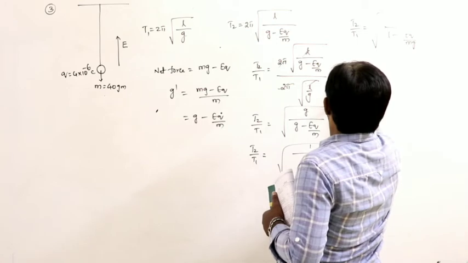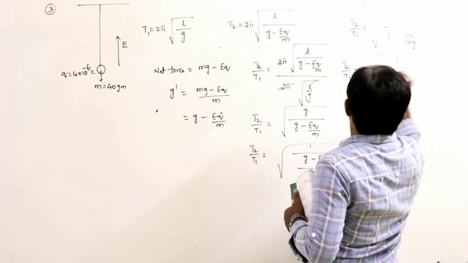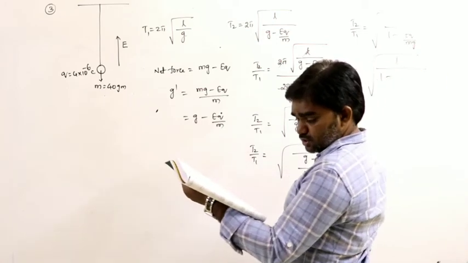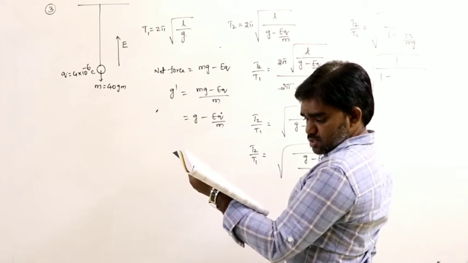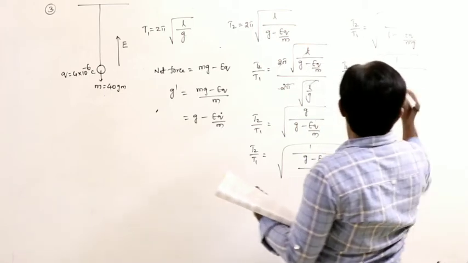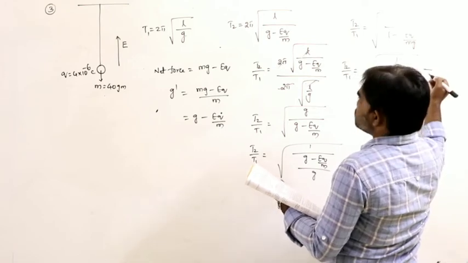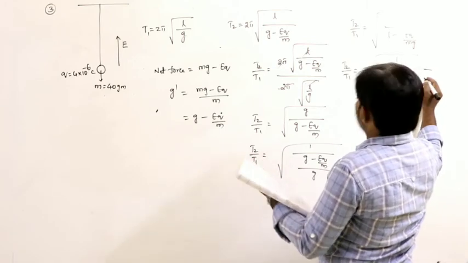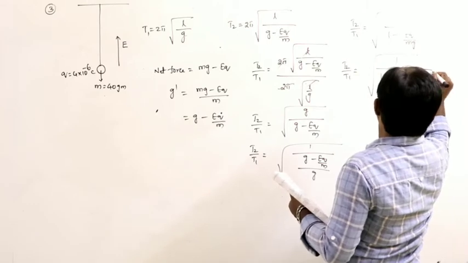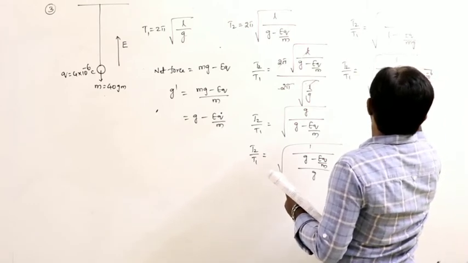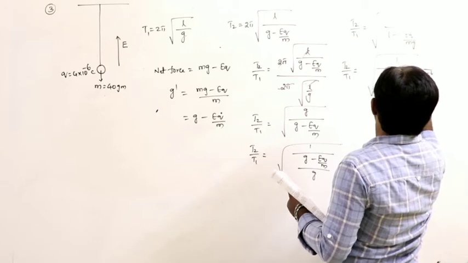So T2 by T1 is equal to under root 1 by 1 minus E, which is how much? The intensity of the field is 3.6 into 10 to the power of 4, into the charge given as 4 into 10 to the power of minus 6, the mass is 40 into 10 to the power of minus 3, g is 10.